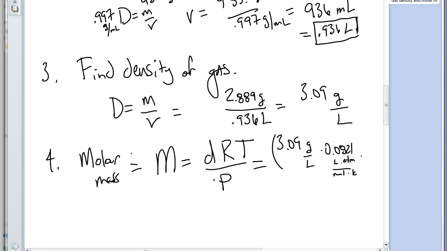So I get 304. And this is all going to be divided by pressure. The original pressure in here was 735 torr, and 735 torr, of course, we have to convert to atmosphere.